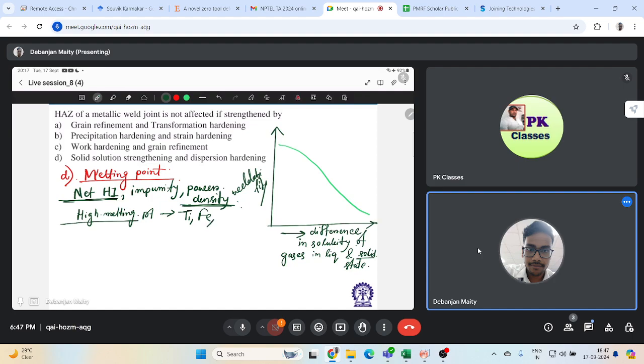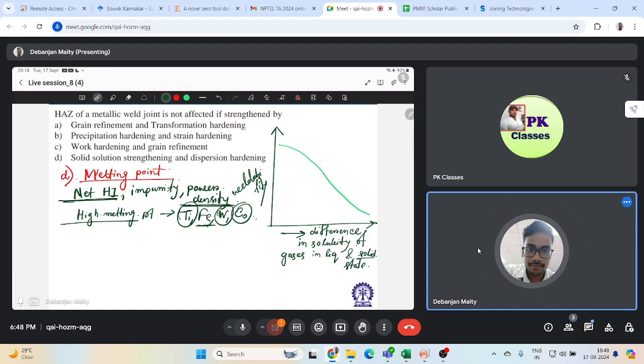Tungsten and cobalt are much higher than Fe, of course. Those high melting point metals are found more difficult to weld by fusion welding than low melting temperature metals like aluminum and magnesium, providing other characteristics remain identical.